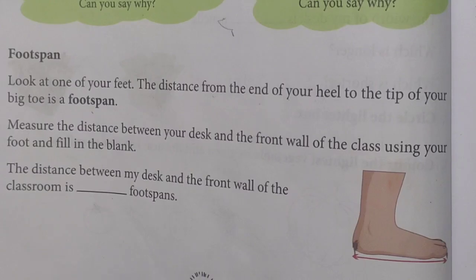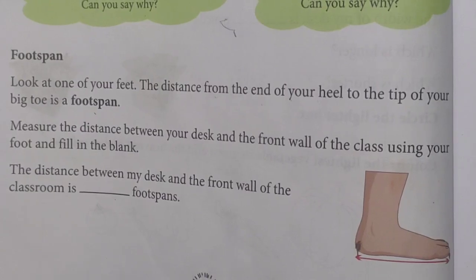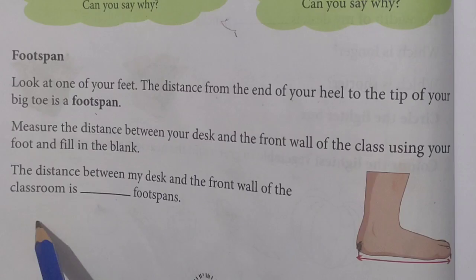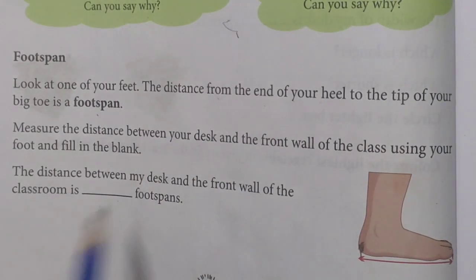By using your foot span you can measure that, or from the hall to your reading room or study room. The distance between your desk and the front wall of the classroom, you have to observe that, and that will be the foot span.